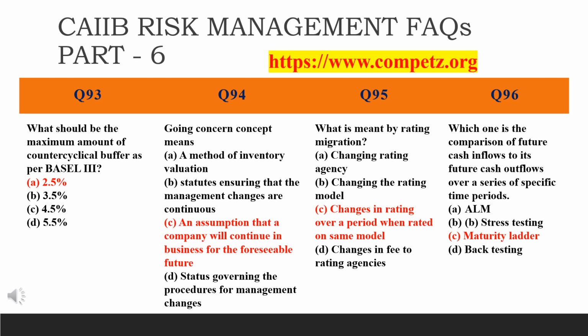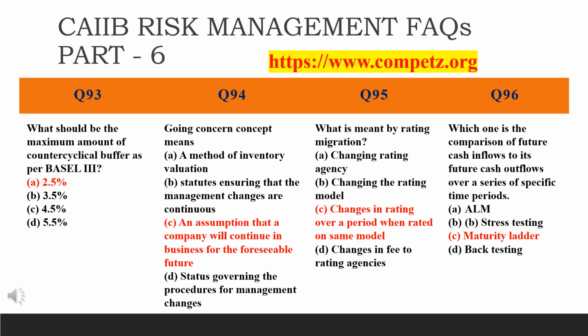Going concern concept is option C, an assumption that a company will continue in business for the foreseeable future. Going concern takes a view that a company will continue its business for the foreseeable future. On the other hand, gone concern views the status of a company if it has to cease and wind up its business operations today.